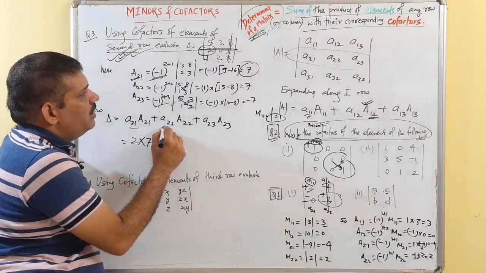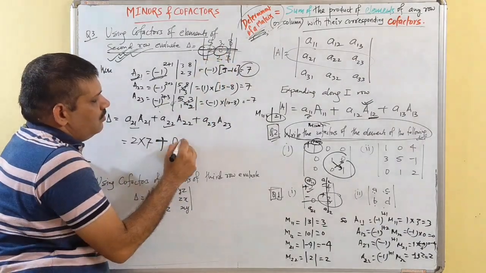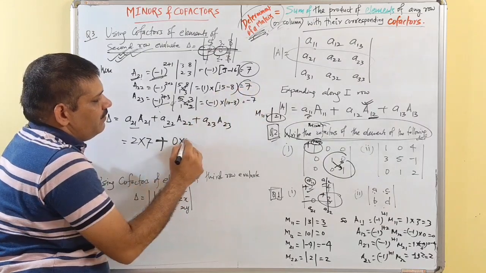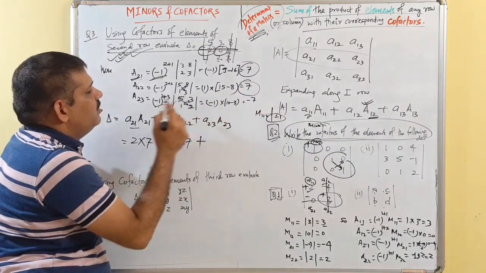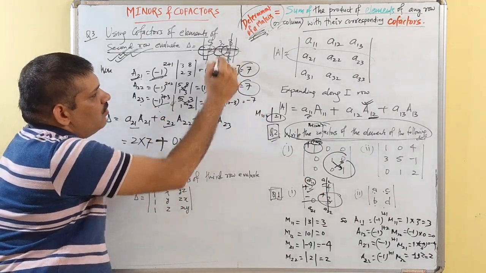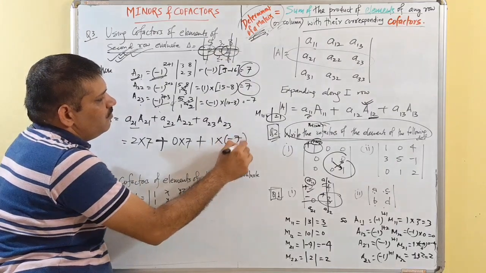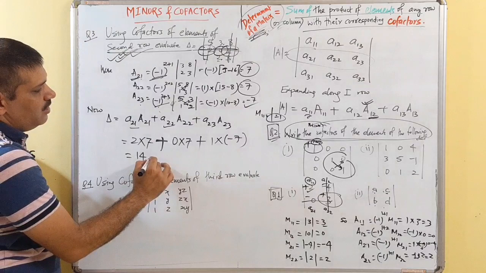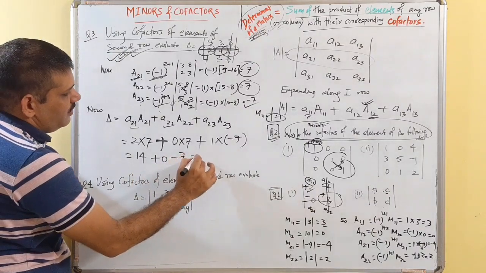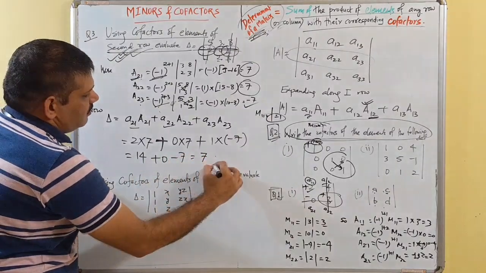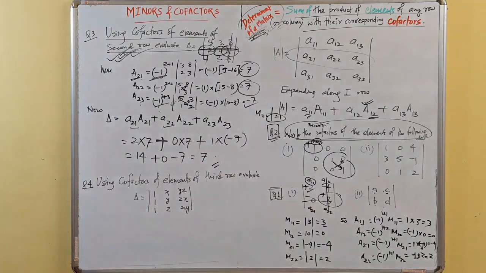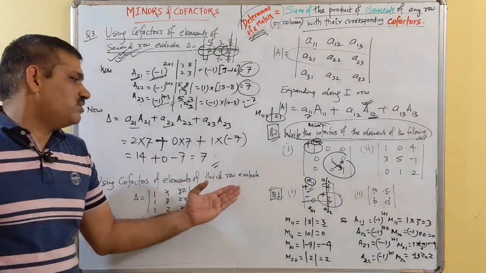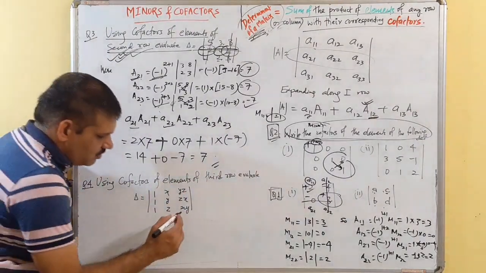So A22 is 0 into the cofactor 7, plus A23. A23 is 1 into the cofactor, which is minus 7. 7 2s are 14 plus 0 minus 7, that is 7. That is the answer.